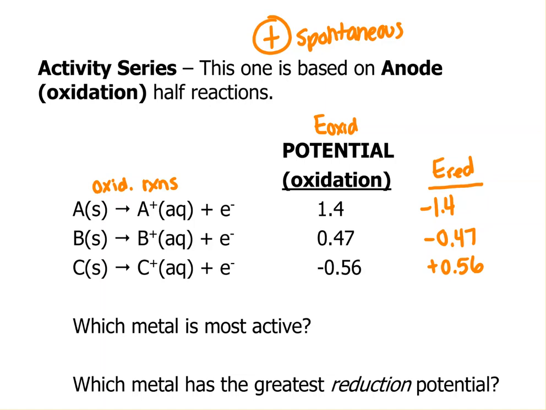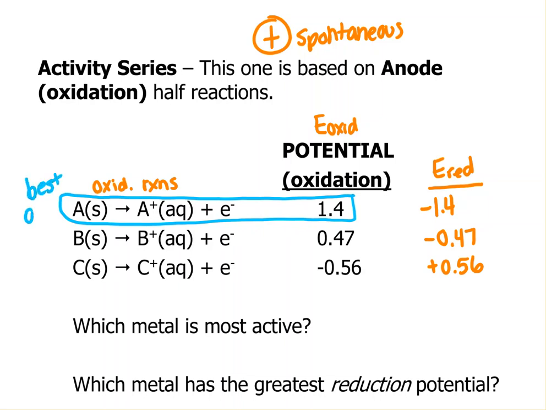So let's just look at that. Since this number is the biggest one, whatever this A is, it's really good at being oxidized. It's the biggest positive number, so that means it's the best anode. The oxidation reaction is very favorable. Could do the same thing for this one.